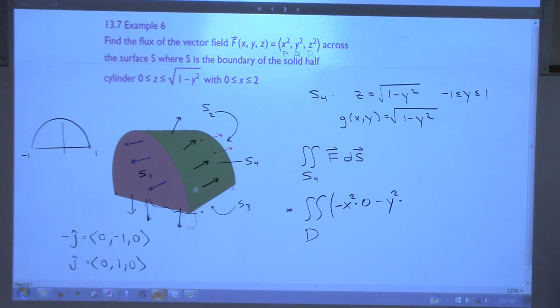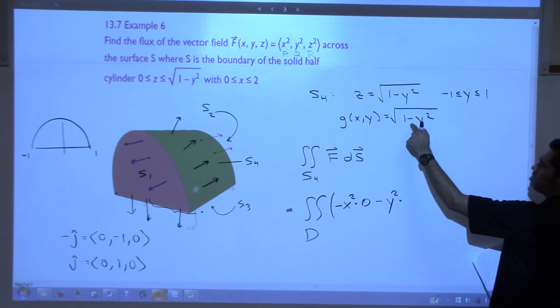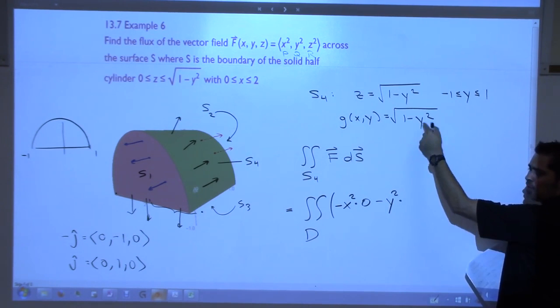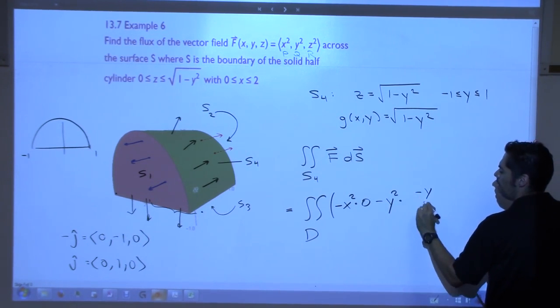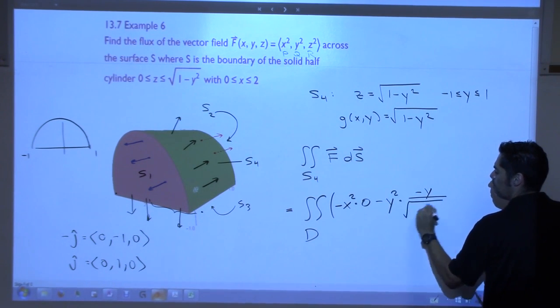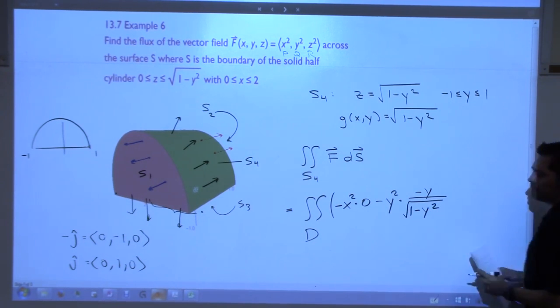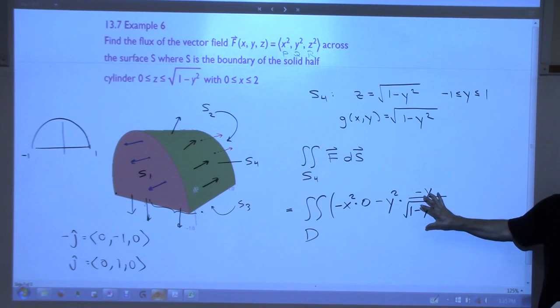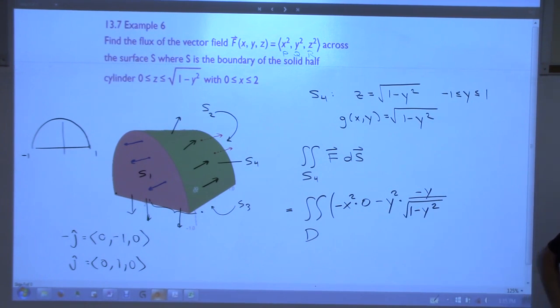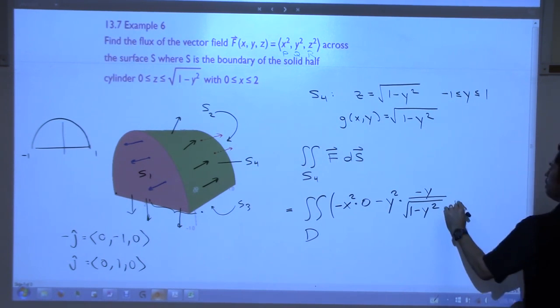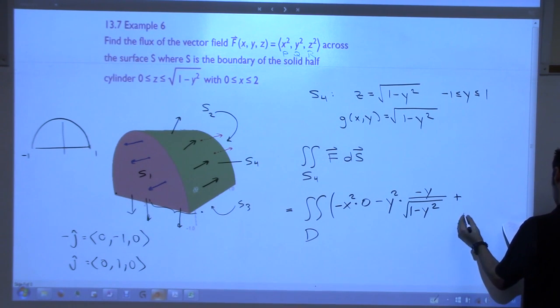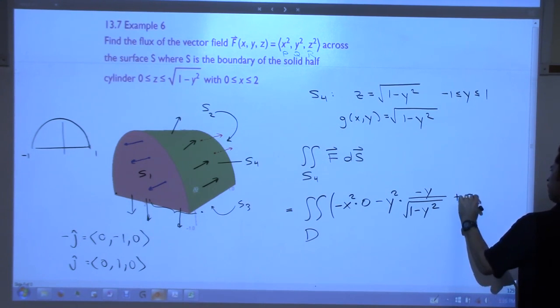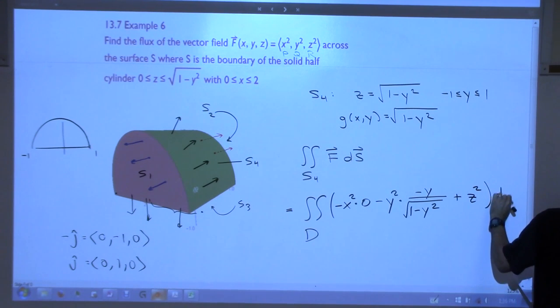Now that is going to take a little bit of work. The partial of g with respect to y. So if you took the derivative of this with respect to y, did some chain rule, you should get negative y over the square root of 1 minus y squared. You trust me that that would be that, right? And then finishing off the formula, plus R, so plus z squared dA.